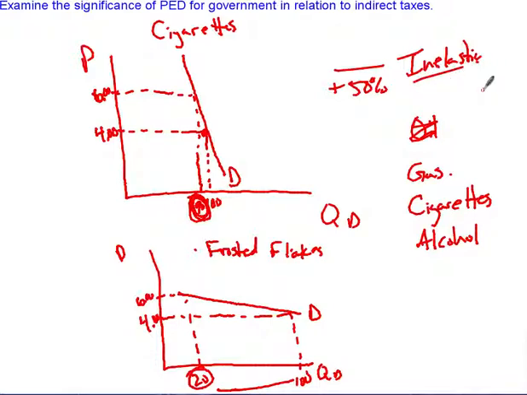All right, so the last thing that I want to talk about is when we look at elasticity, it depends on the scope of how you're defining the product. Because what if I said, how about Frosted Flakes? What do you think the elasticity of Frosted Flakes would be?